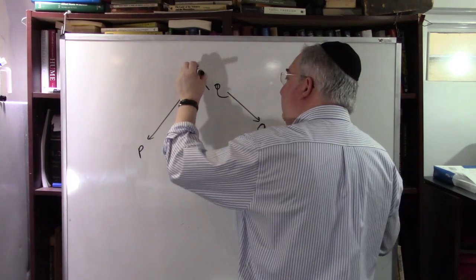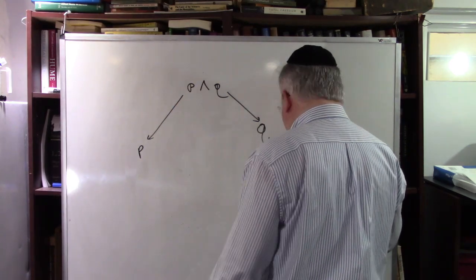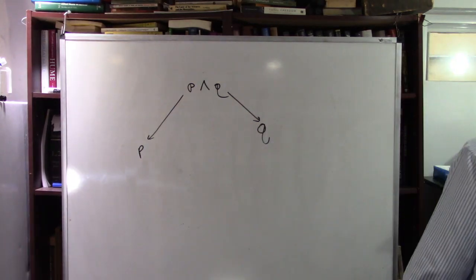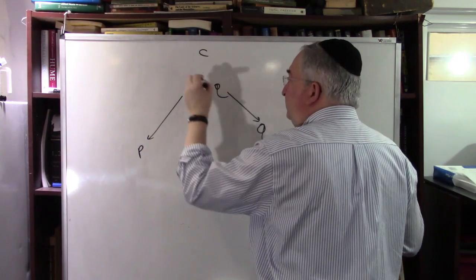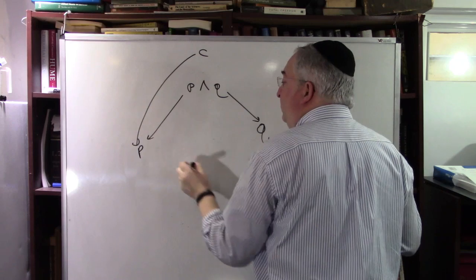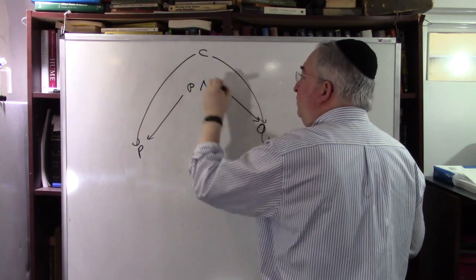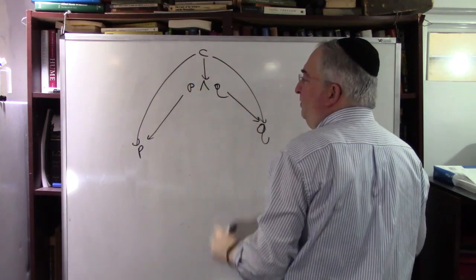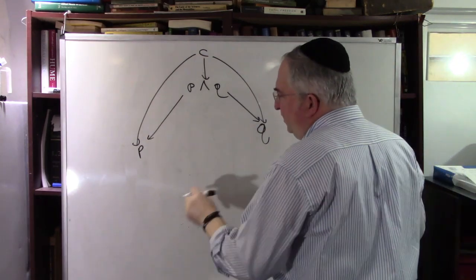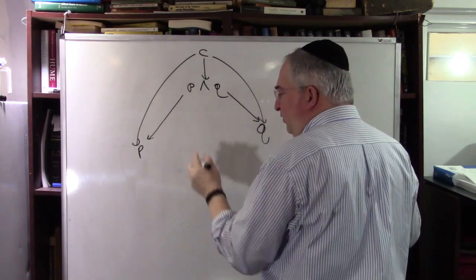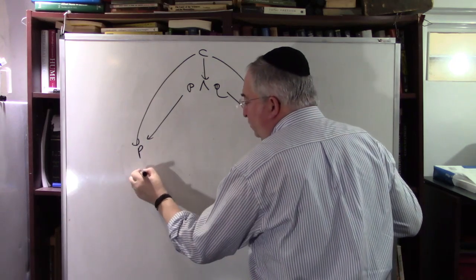And if there's any other object, I'll call it C, such that C is less than P and C is less than Q, then C is less than P and Q. Let's write it in terms of partial orders.